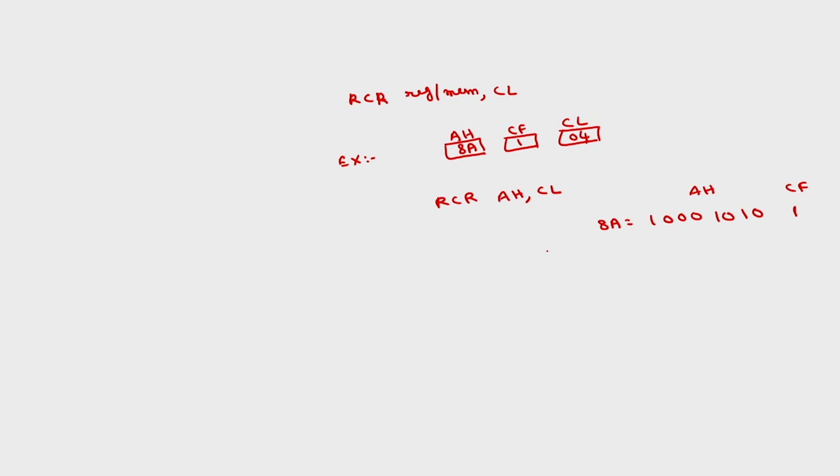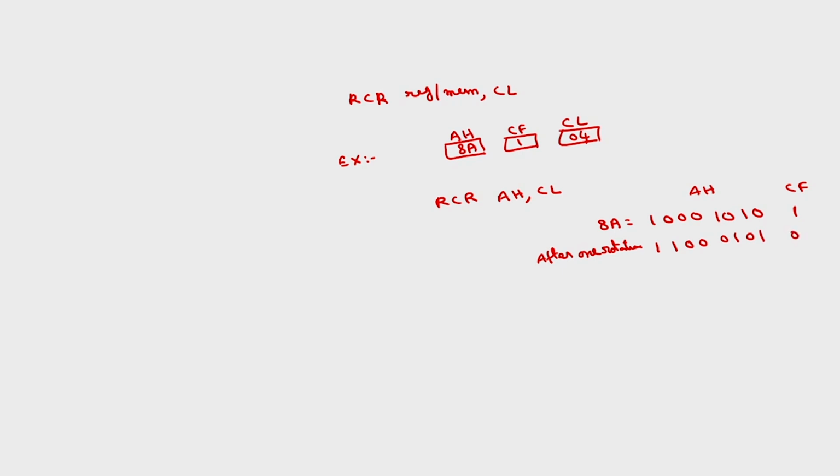So, after one rotation, what will be the contents of this one? As I have explained in the previous class, the contents of carry will come here and each bit will move towards right by 1 bit position. So, this becomes 1 1 0 0 0 1 0 1, carry becomes 0.